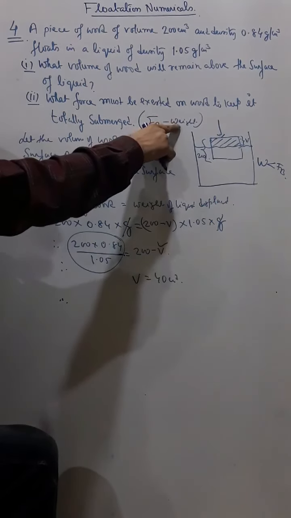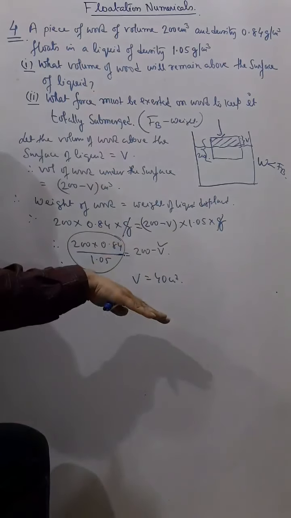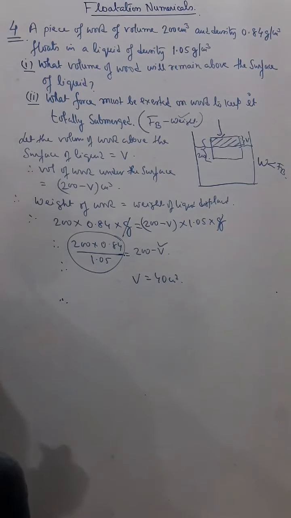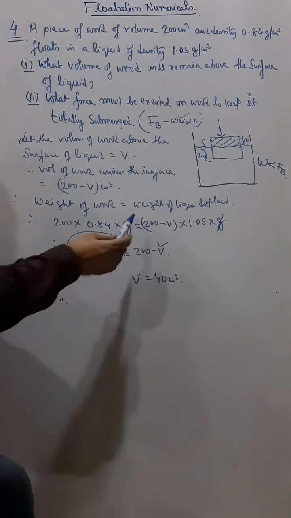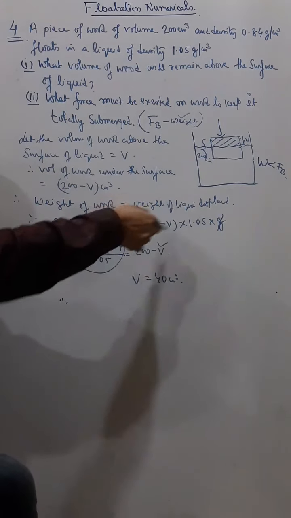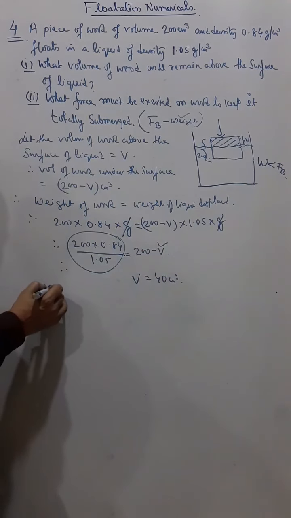Because weight of the block is less and upthrust is more, that difference of force is how much force I have to apply. So I have to calculate the weight of the block, and I also have to calculate the upthrust. Upthrust I have not calculated directly yet, but we will calculate it. So first we will get upthrust.